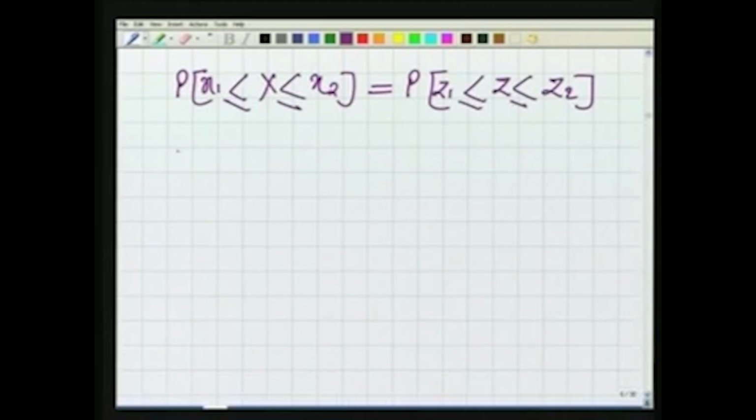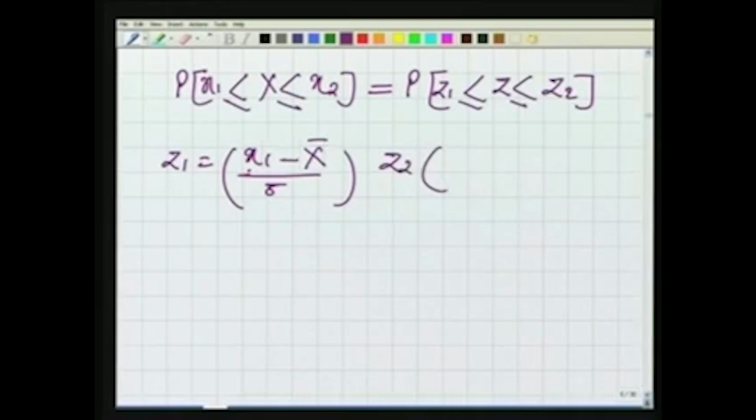Obviously, z1 is the transformed variable, x1 minus x bar by sigma, and similarly z2 is x2 minus x bar by sigma. So, you can transform your values x1 and x2 into z1 and z2.